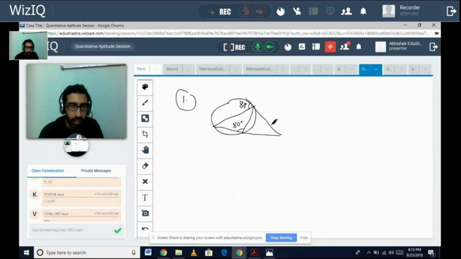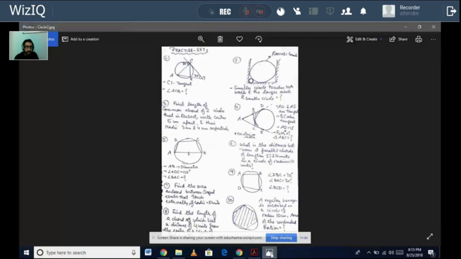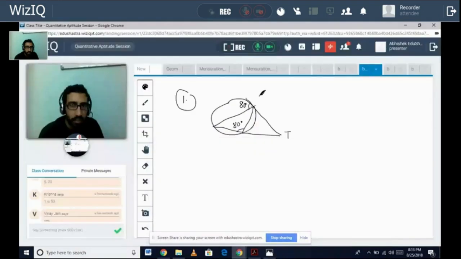Since TC is the tangent, and this angle is 30 degrees, angle B becomes the exterior angle in triangle CTB.